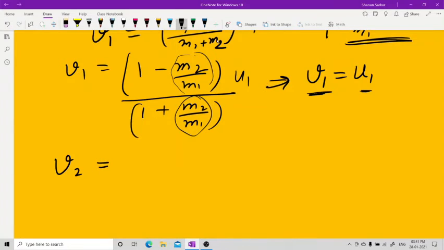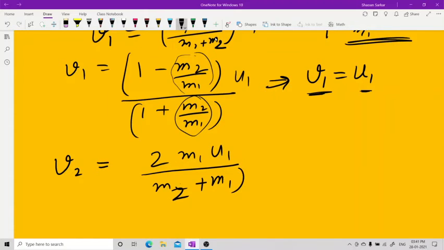Because U2 is 0, you will get V2 as 2M1 U1 upon M2 plus M1. Now divide all sides by M1. 2U1 upon 1 plus M2 by M1.